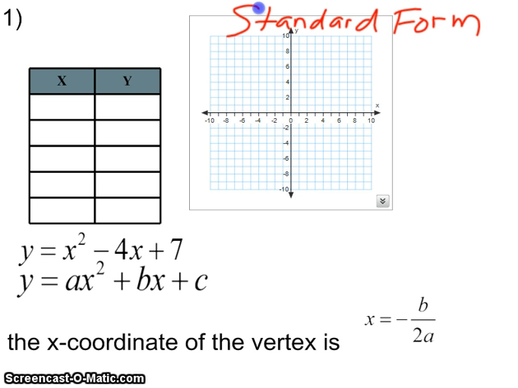All right, so A is the number in front of x squared. B is the number in front of x. And C is the constant term. Okay? A number can either be variable or constant.